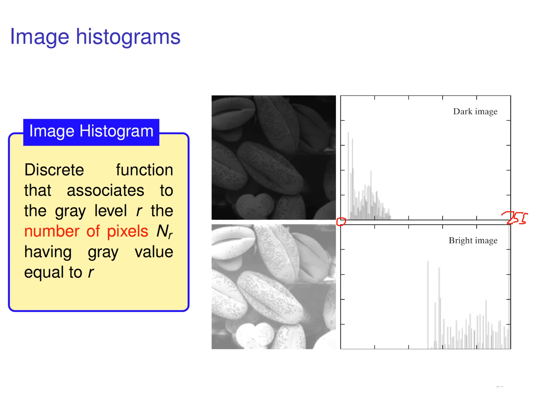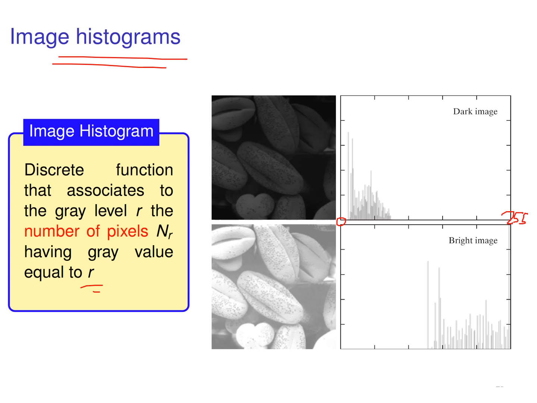It's not spatial, it's just counting, accumulation, cumulative, that's what we call it. So the histogram is a discrete function that associates the gray level r to the number of pixels having a gray value equal to r. Are we good with what a histogram of an image is?